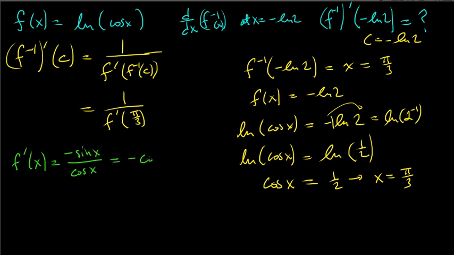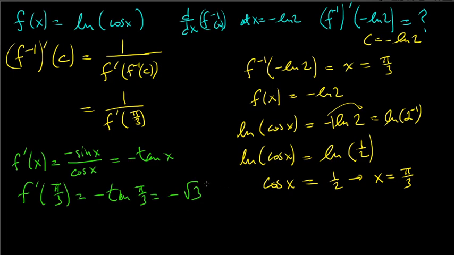So that looks like, oops, not cotangent, negative tangent. So now we just plug in pi over 3. So negative tangent of pi over 3 is negative square root of 3. And then when you take the reciprocal of that, you get negative 1 over the square root of 3. Or if you rationalize the denominator, it's negative square root of 3 over 3.